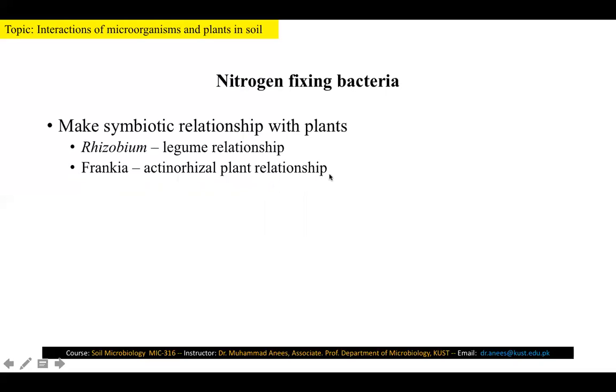There is a third one also, which is not a symbiotic relationship; that is actually the free living bacteria present in the soil. But here we will particularly talk about the symbiotic relationship between plants and the microorganism.